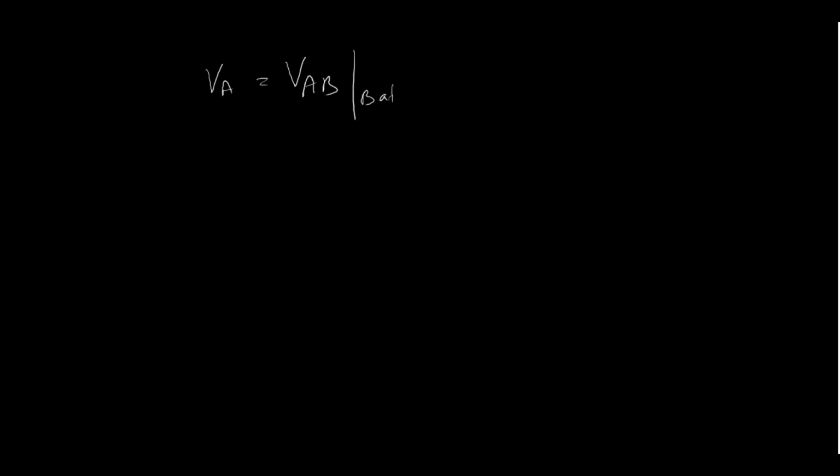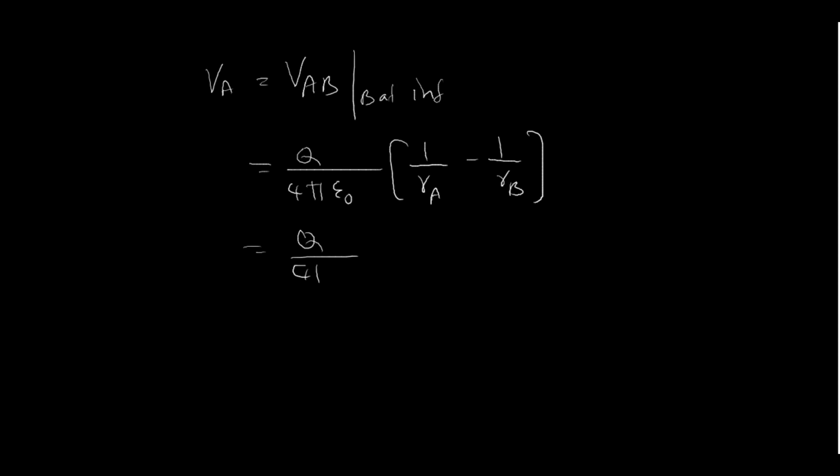We know the expression: Q by 4 pi epsilon 0 into 1 by RA minus 1 by RB, where RB is equal to infinity. So Q by 4 pi epsilon 0 into 1 by RA minus 1 by infinity. 1 by infinity will become 0, so that will be Q by 4 pi epsilon 0 RA, right?